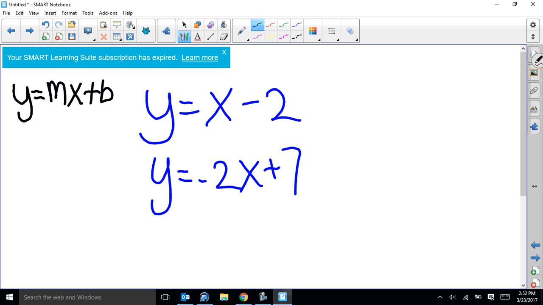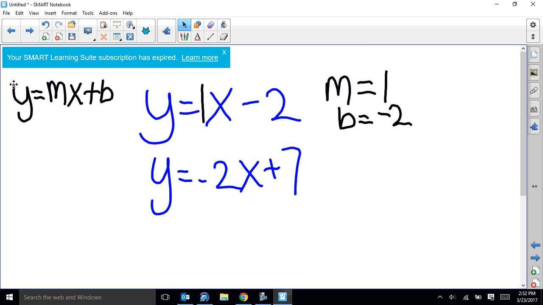So if there's no number here, then we know it's really a 1. So for this one, our slope is 1 and our y-intercept is, all right, -2.